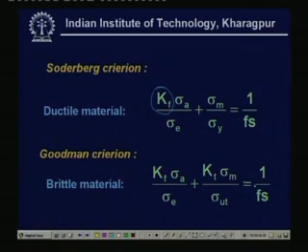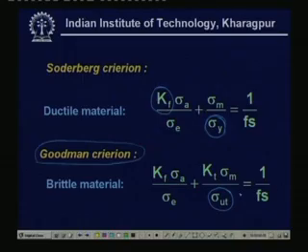However, whenever we are considering a brittle material, then in general people use the Goodman criteria because the guiding material property becomes the sigma ultimate, whereas in the Soderberg criteria we consider the sigma yield point, because we always know that for ductile materials the sigma yield point is the material property which is normally utilized.